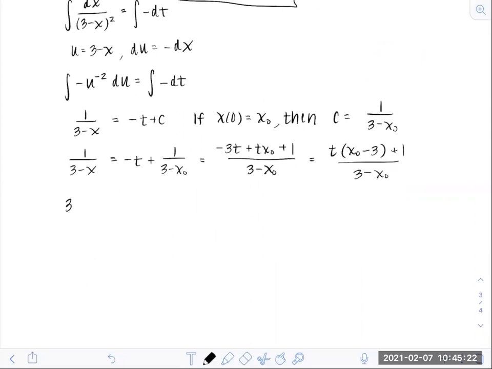That gives me 3 minus x equals 3 minus x naught over t times x naught minus 3, oops, that's a minus, plus 1. And then finally solving for x, I get x of t equals 3 minus that entire expression.